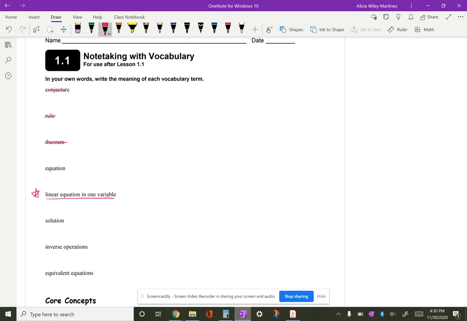Remember that an equation is a math sentence setting two expressions equal. So the big thing about an equation is that it has an equal sign. That's something that's really, really big.